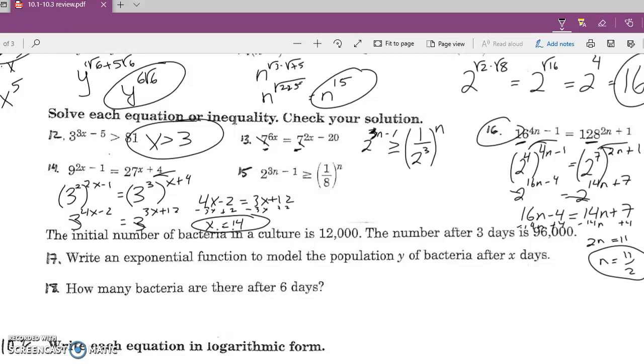Now you may go, well, you got the 8 to be a 2, but you still don't have it on top. So what we can do now is we can use our exponent rules, and we can flip this. So this would become 2 to the negative 3, which is the same thing as 1 over 2 to the positive 3. There's one of my exponent rules.